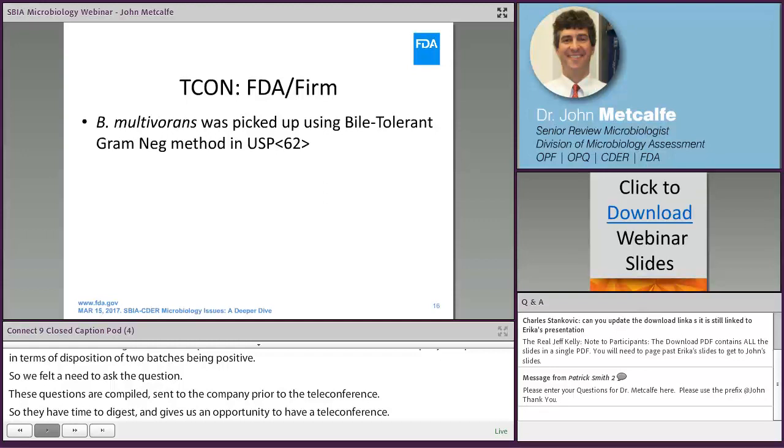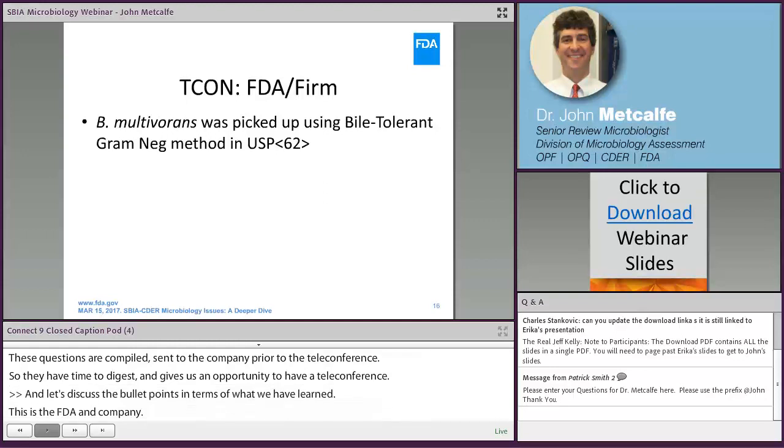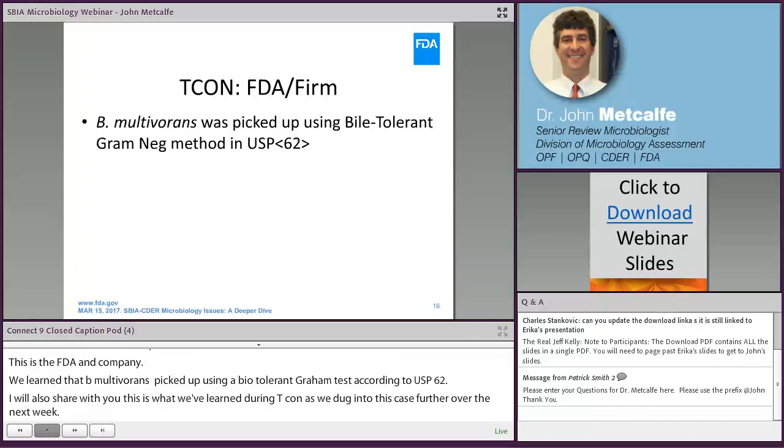We learned that Burkholderia was picked up using a bile-tolerant gram-negative test performed according to USP 62. And I'll also share with you, this is what we learned during the TCON. As we dug into this case further over the next week, we also found out that the company was able to pick up this organism using the Pseudomonas aeruginosa specific test in USP 62.